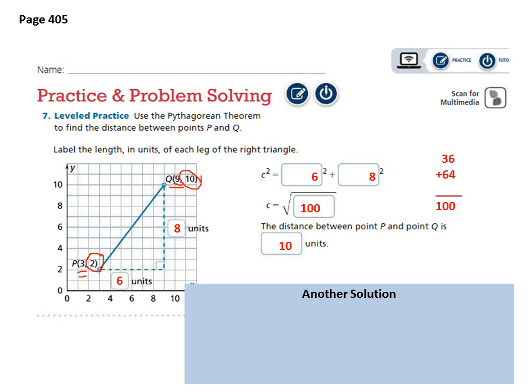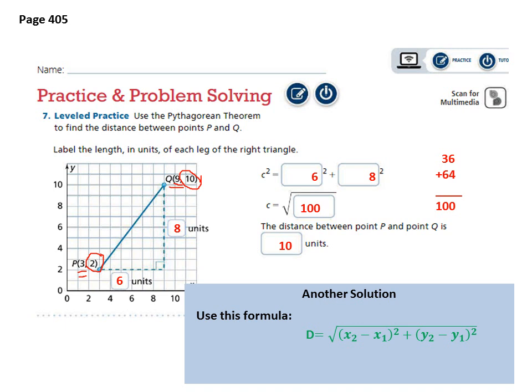It's 6. How come? 6 comes from subtracting 9 minus 3, or the x minus x. If this is x1, then 9 is x2, so subtract x2 minus x1.